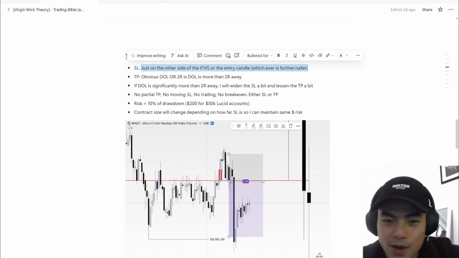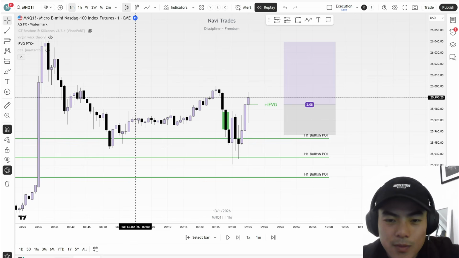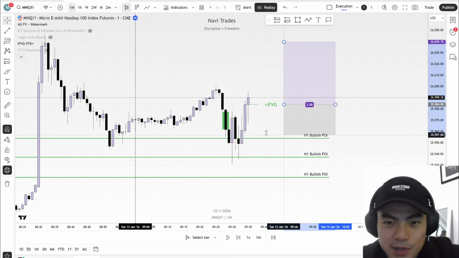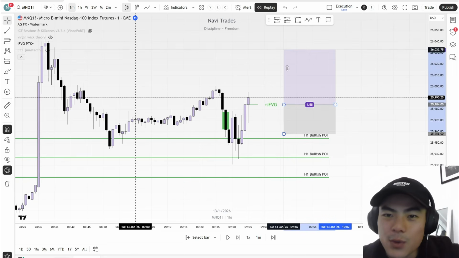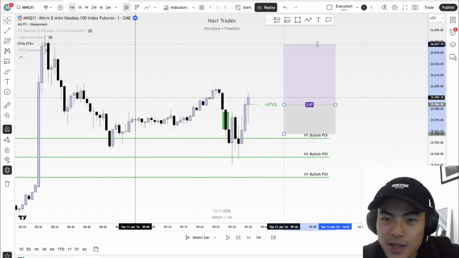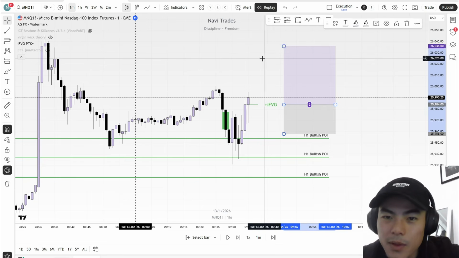So if we go back to the chart, you would put the stop loss just on the other side of the IFVG or the entry candle, whichever is safer. In this case, it's the entry candle, so you can put it just below there. And then 2 hour maximum, so something like that. Bang.